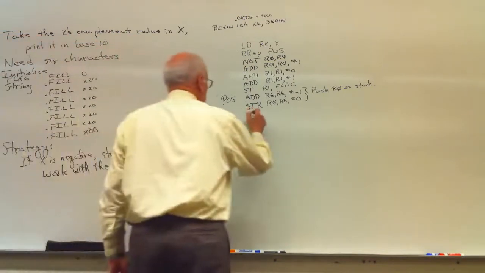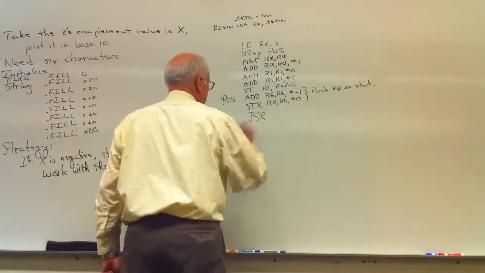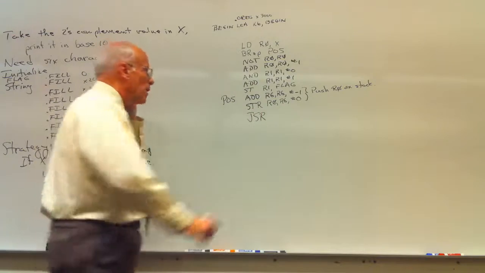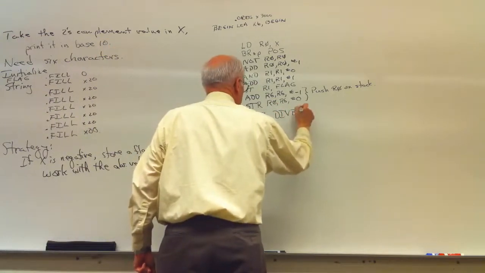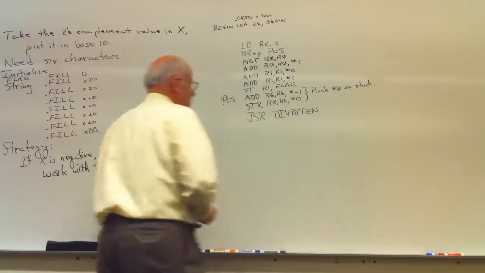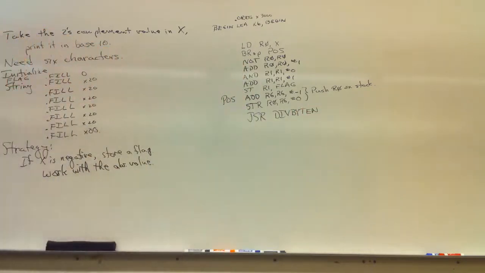Now I'm going to go to my subprogram, and my subprogram is going to divide that number that I put on the stack by 10. Now I need to specify how that thing's going to return the results.